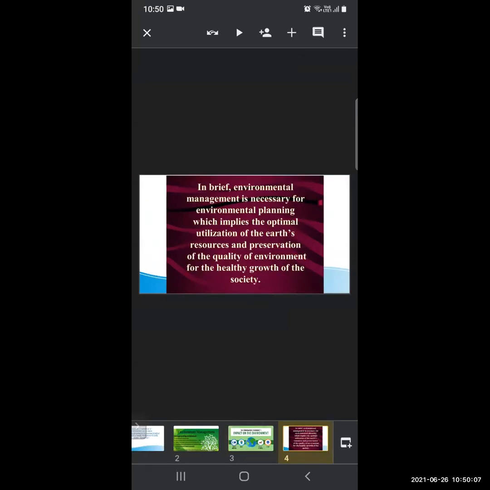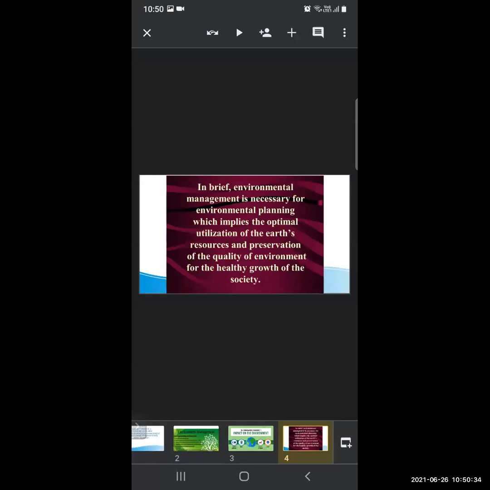Now, in brief, what is environment management and why is it necessary? Environmental management is necessary for environmental planning, which implies the optimal utilization of Earth's resources. We are getting natural resources: air, water, and metals.